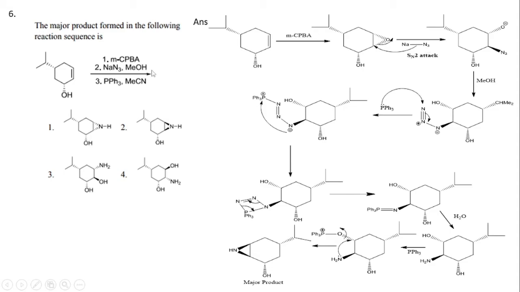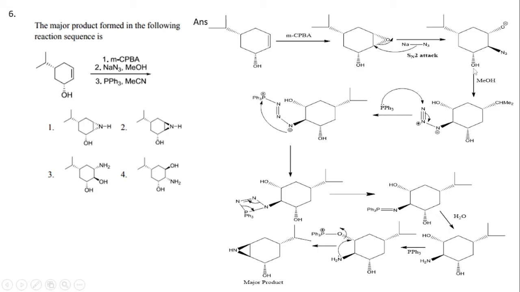Then this sodium azide attacks via an SN2 attack. The azide ion will attack from above the plane, and it will cleave this bond. So it will form N3, the azide, which is present above the plane, and the alkoxide ion is present below the plane.